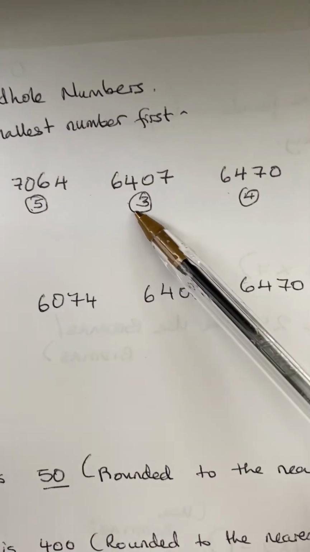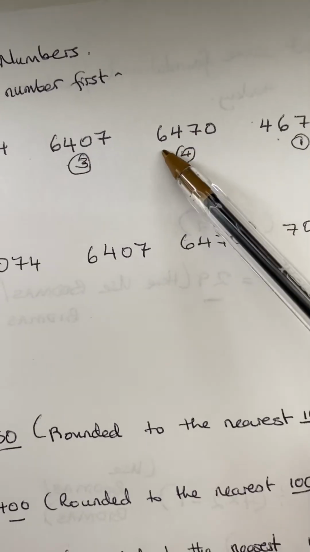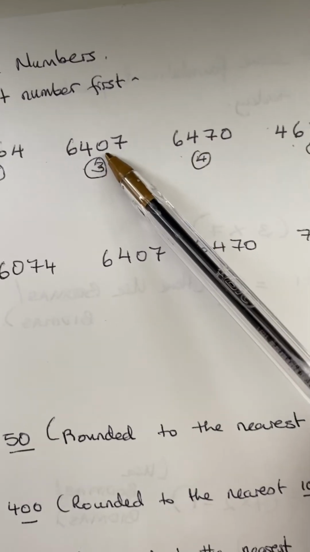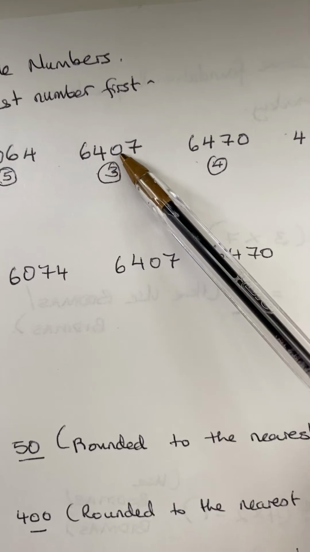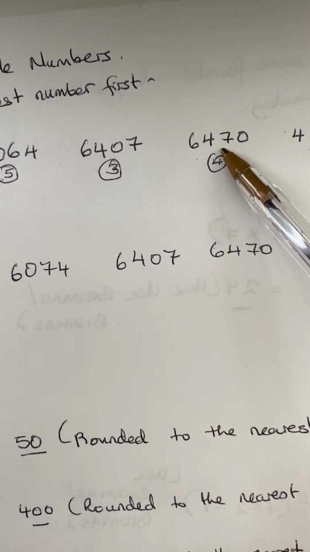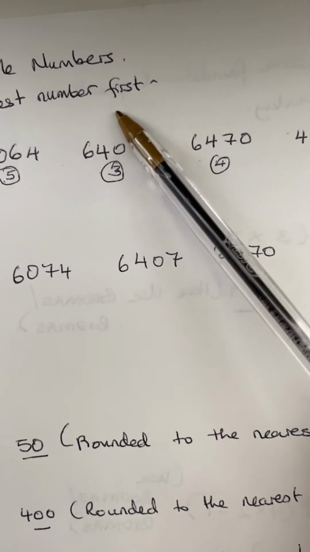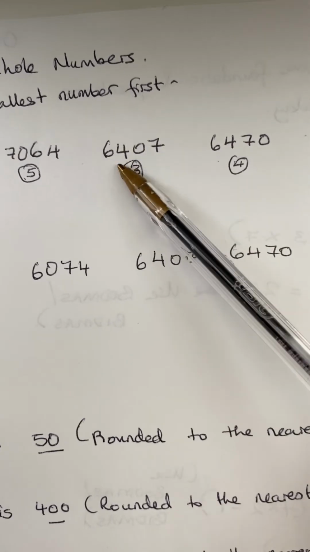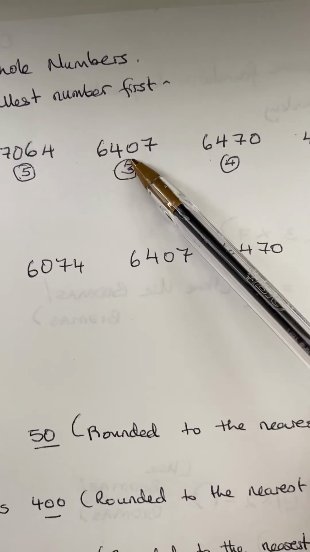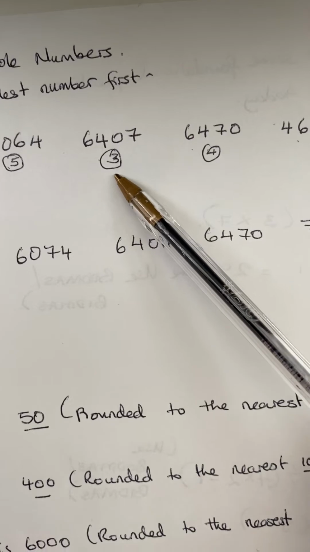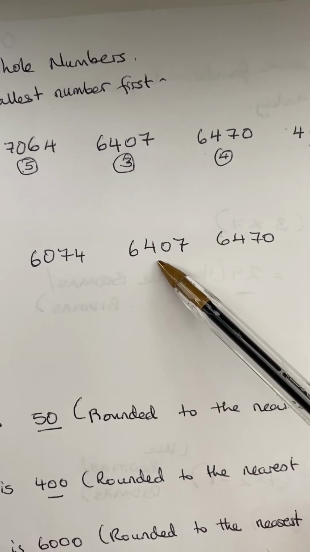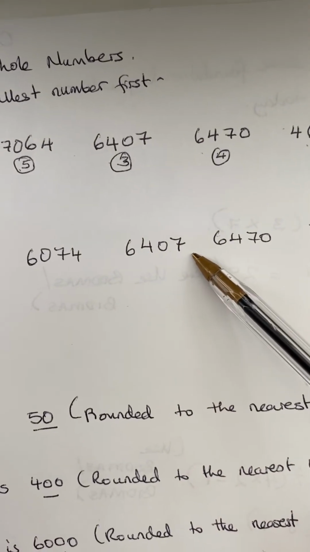Now we have 6, 4, 6, 4. Let's look at the tens. This tens digit is 0 and this tens digit is 7. So, of course, this will be the third one, 6407. I've written 3 there.